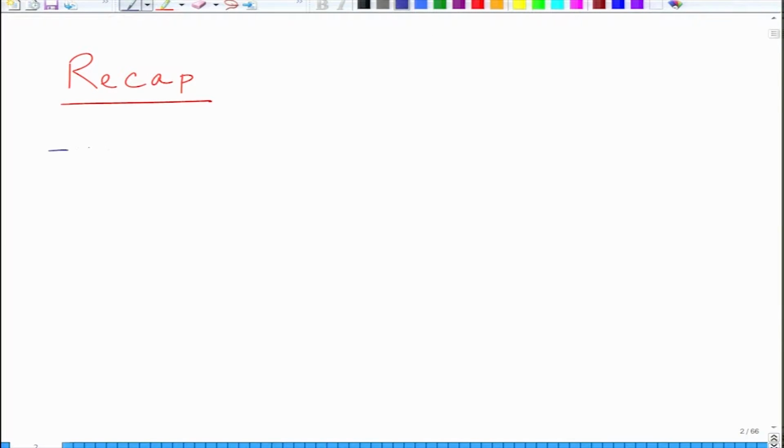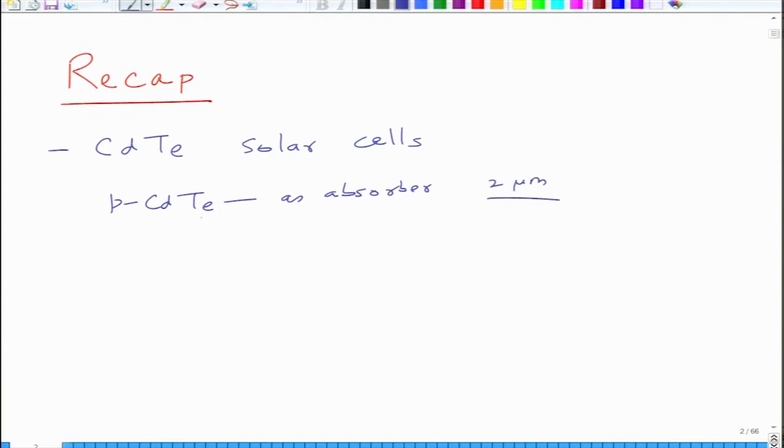In the last lecture, we started our discussion with cadmium telluride solar cells. Cadmium telluride solar cells are basically thin film solar cells where we use P-type CdTe as absorber, about a 2 micron thick layer, and then N-type CdS is used as window layer and to make a junction.